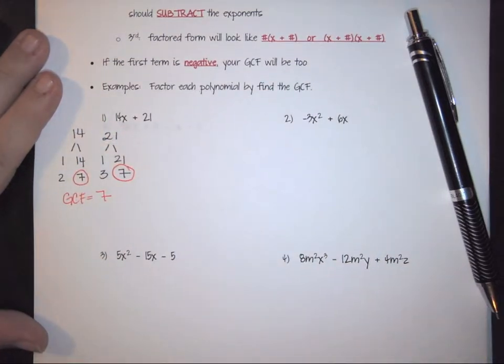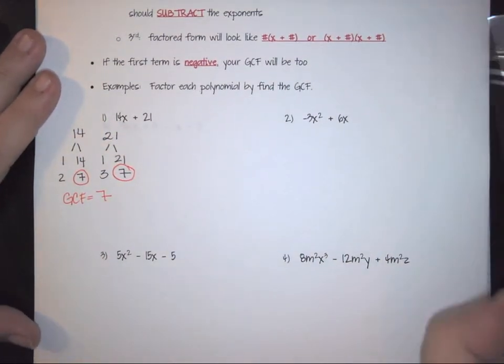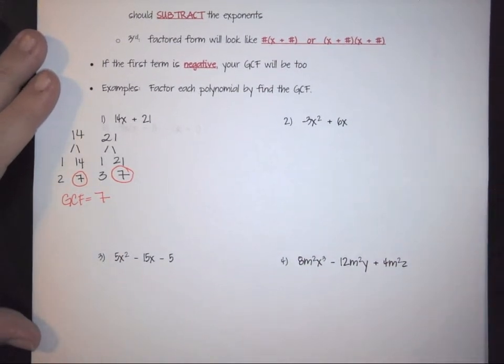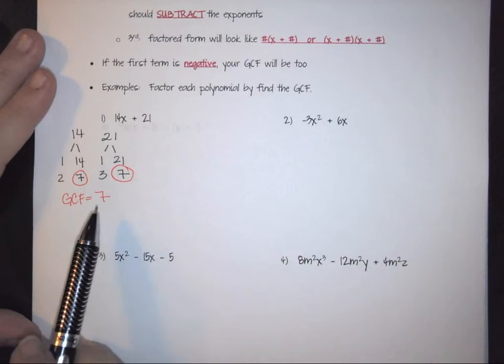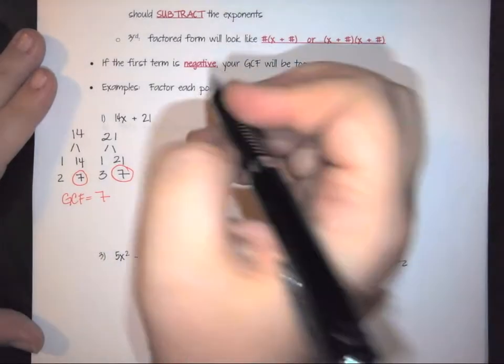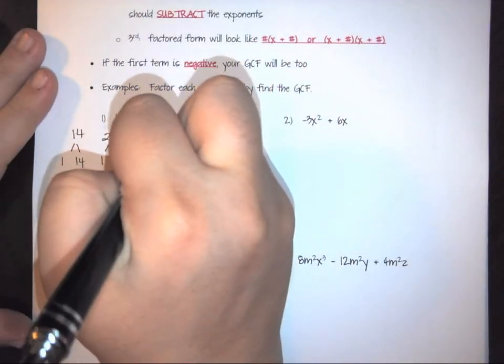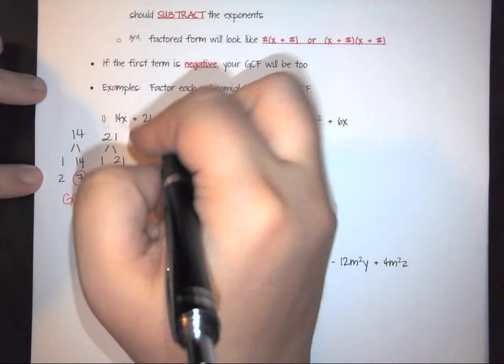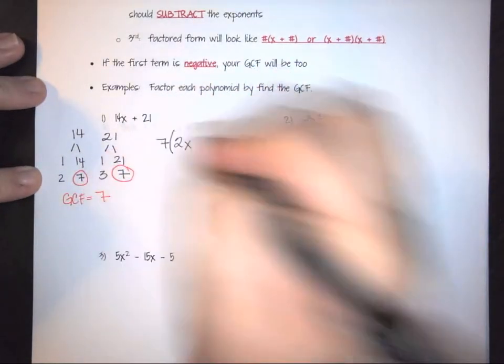Now, that's not actually what this problem wants. This problem wants you to factor by using the GCF. So what that means is I have to pull the 7 out. So when I pull it out, I have to look at what's going to be left behind. So first, when I pull a 7 out of 14x, what's left behind is a 2x.